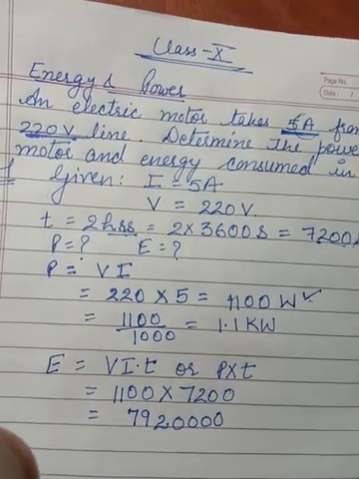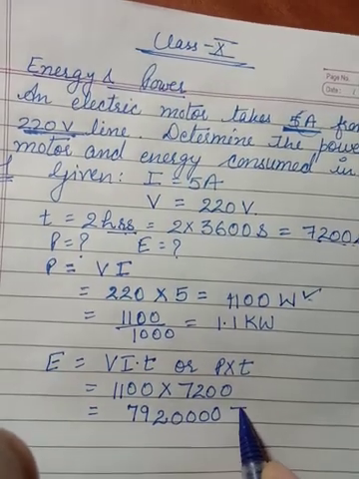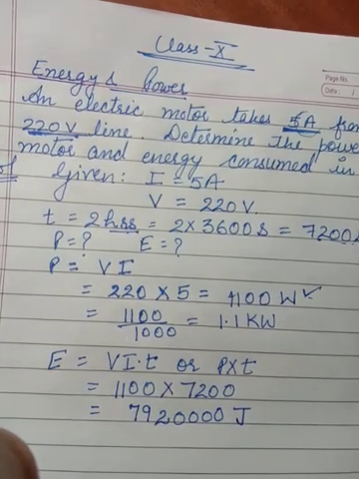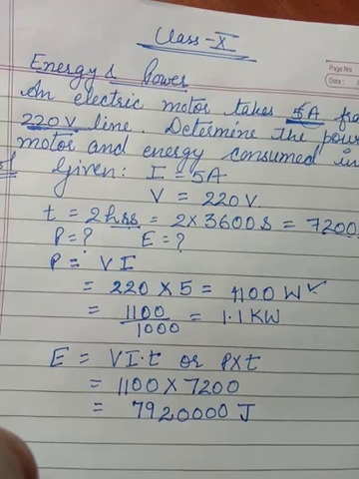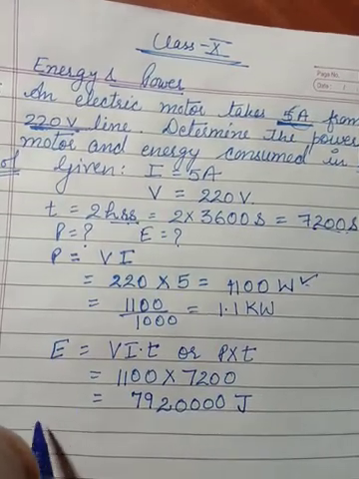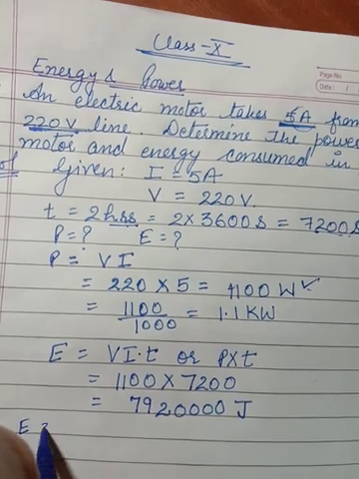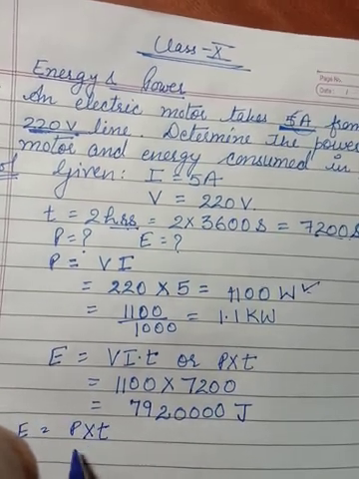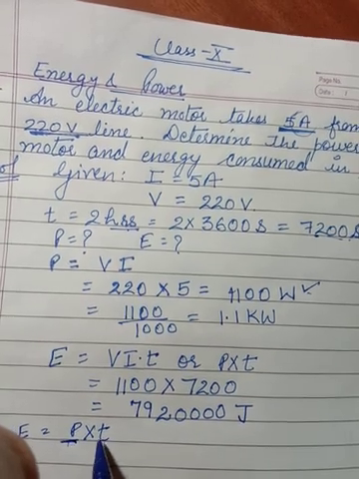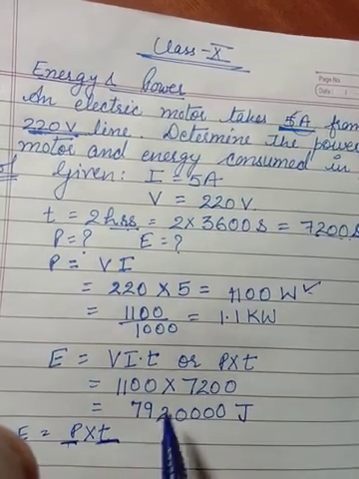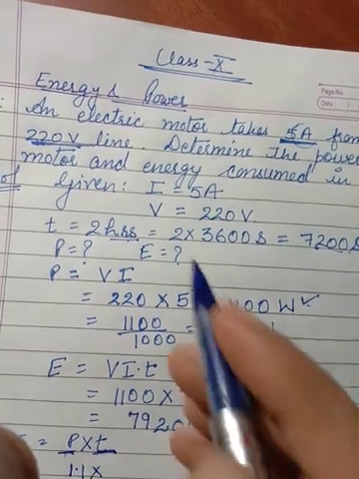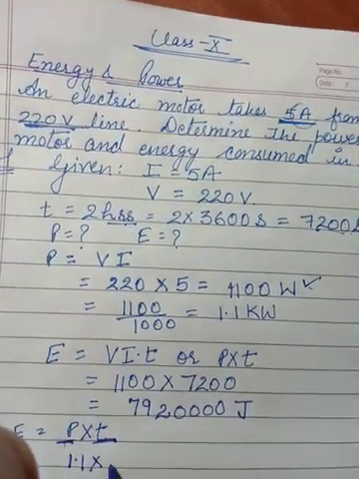So this energy comes out to be in joules. Sometimes it is also asked to find out the energy consumed in kilowatt hour. In that case, if we want to find the energy in kilowatt hour, it is power into time. We will use the unit of power as kilowatt and time as hour. So kilowatt means 1.1 into time in hours, which is 2 hours, so 2.